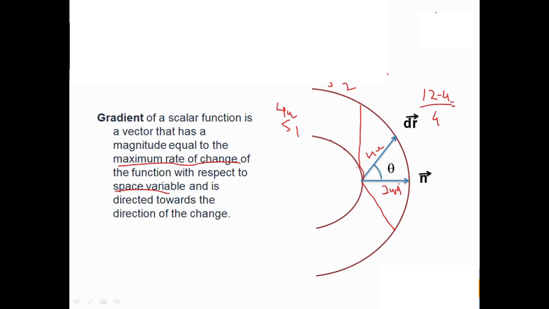So what you get here is 8 upon 4, which is basically 2 units of y per unit of x.